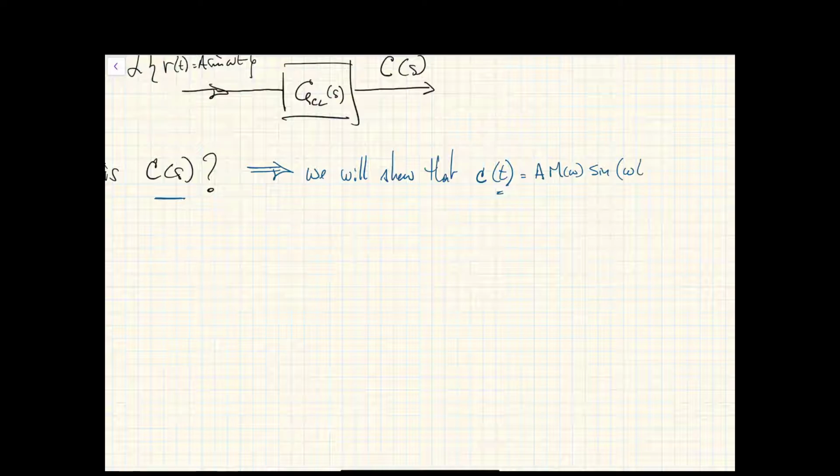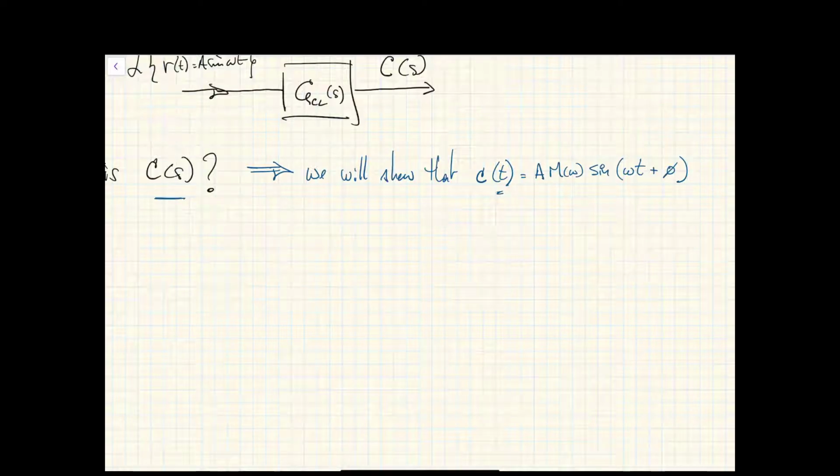Because it's a sinusoidal output, that amplitude is expressed as a sine wave at the same frequency as the input, plus a phase change that I'm going to call phi.